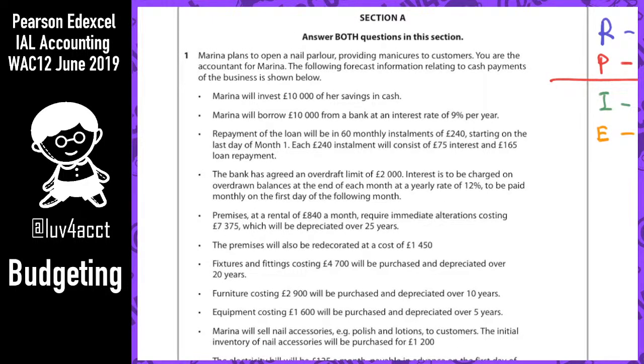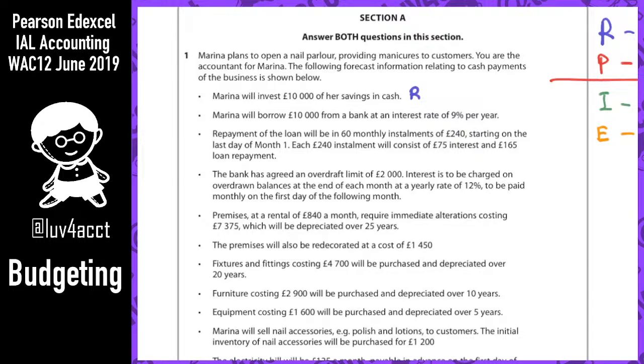First of all, Marina invests 10,000 of her savings in cash. So this will be your receipts, because this amount is paid by Marina into the business. So from the viewpoint of the business, it is a receipt.